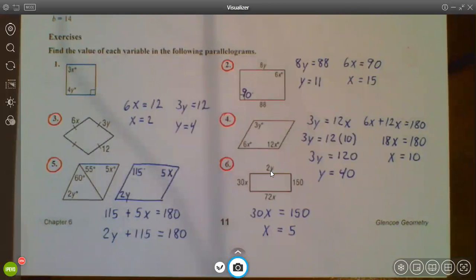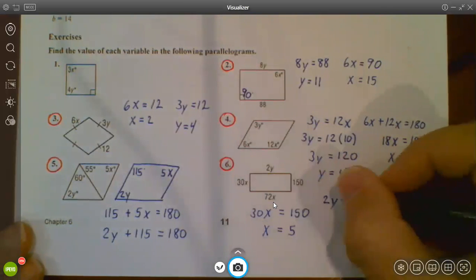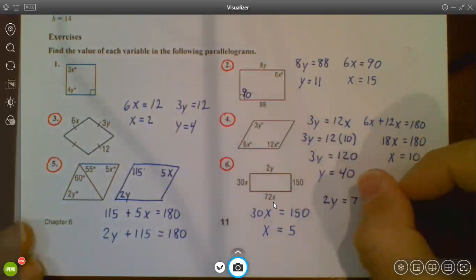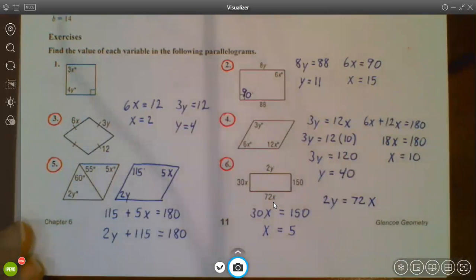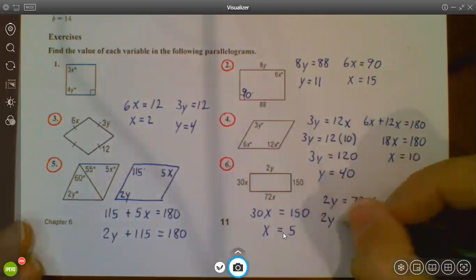So we do know that 2y is equal to 72x. Which initially we couldn't solve, but now that we know what x is, we can solve it. Right? So I'm going to replace my x with the 5.